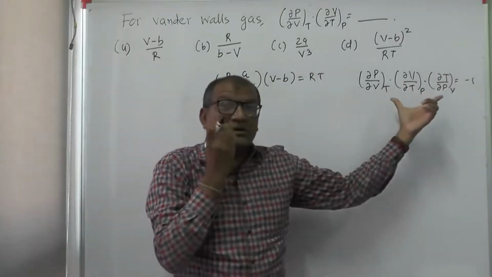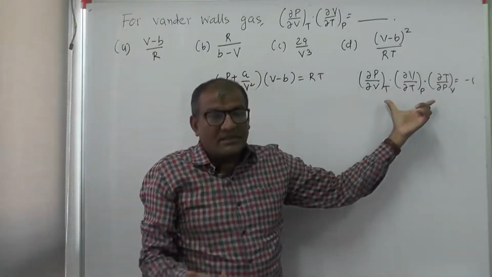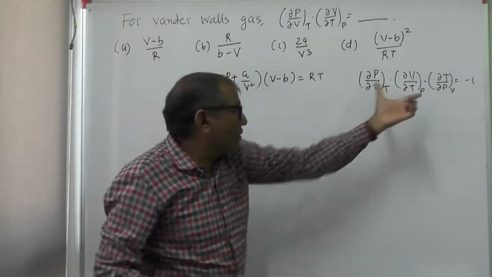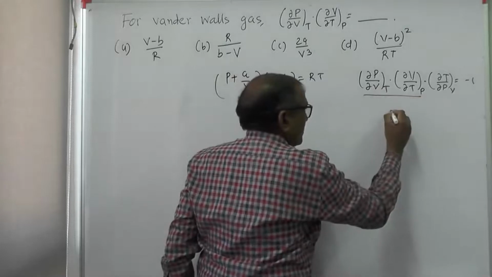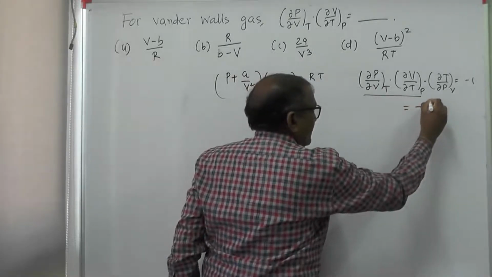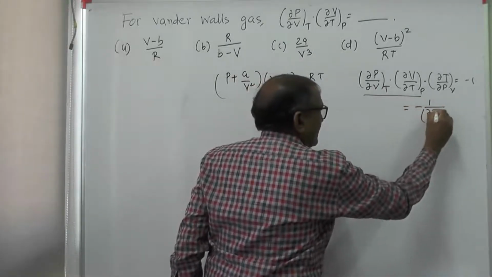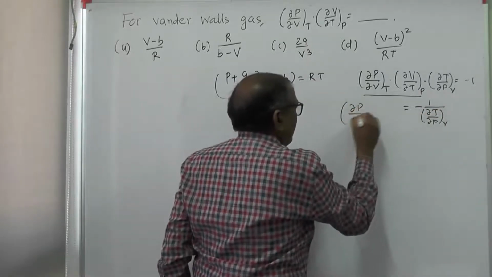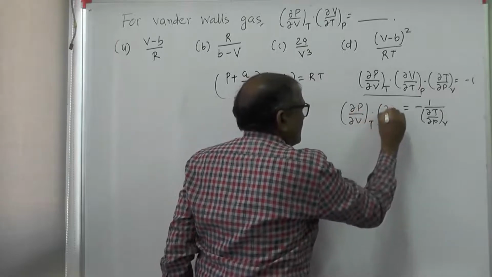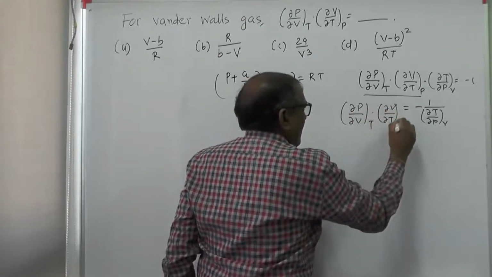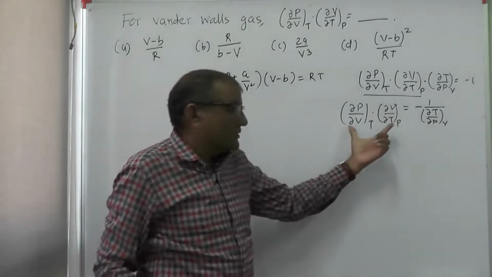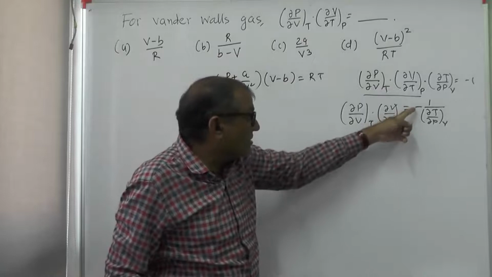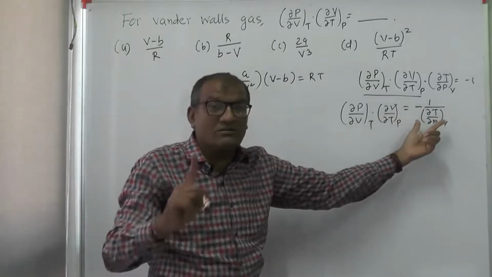This is true for any real gas or ideal gas, for any equation of state. From this equation, these two equal -1 upon del T over del P at constant volume. So, you can select any way: calculating two derivatives, then multiplying and you get the answer. Otherwise, simply -1 upon only one derivative.